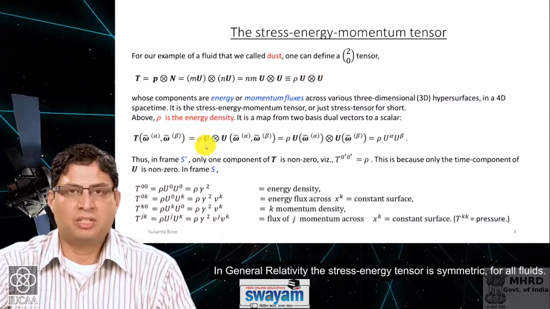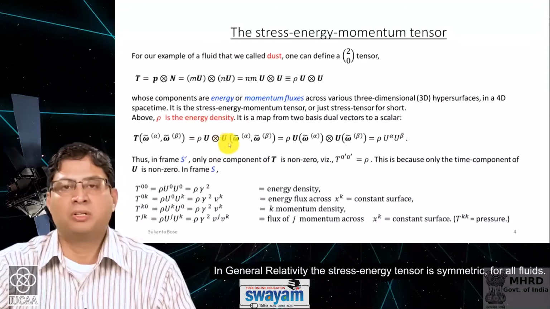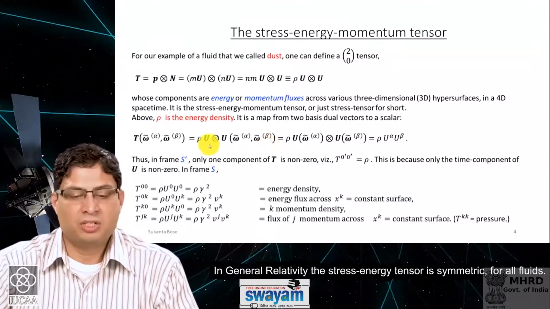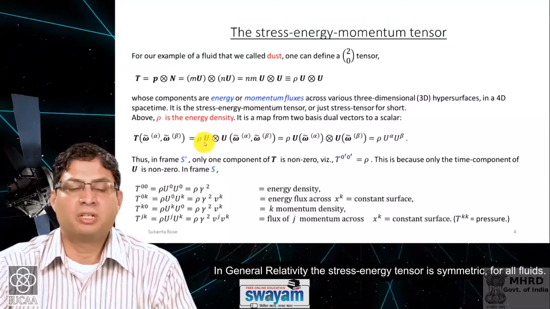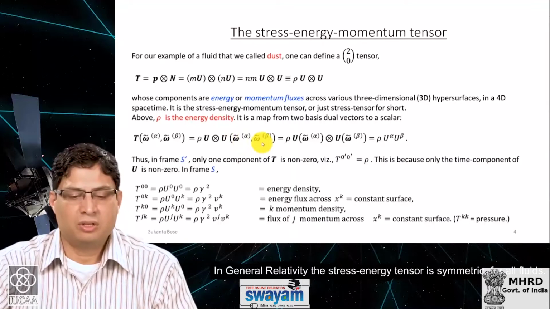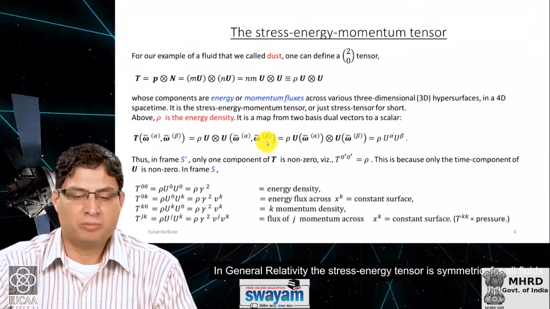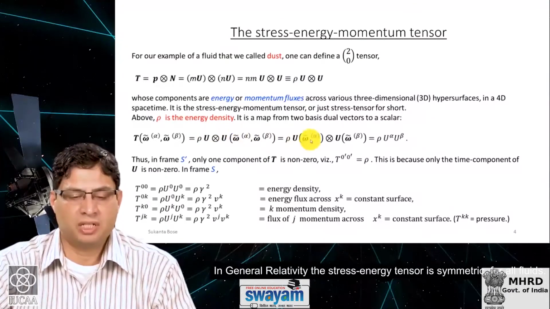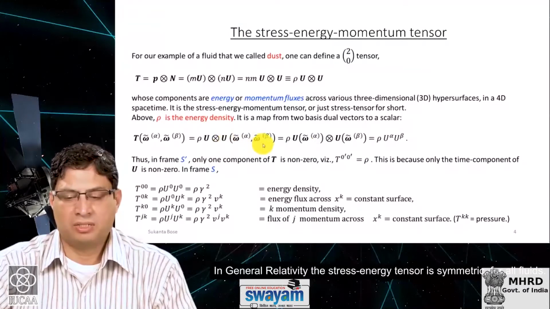So, that is what I have written here, and this object has to operate on two dual basis vectors, and the tensor product is defined in such a way that its arguments operate in the given order on the basis dual vectors. So, the first u operates on the first basis dual vector omega alpha, and the second u acts on the second basis dual vector.